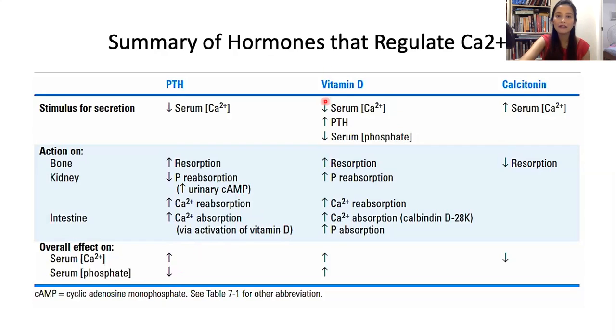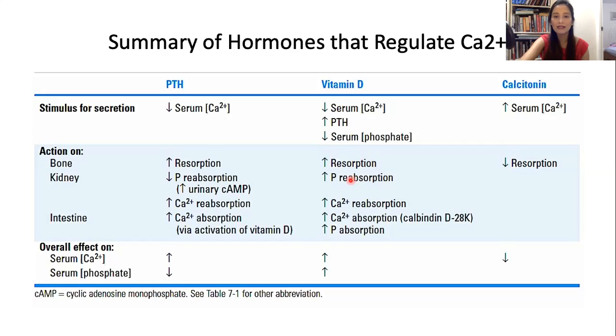On the other hand, your vitamin D, what triggers it is a low serum calcium level, an increase in PTH, no? And a low serum phosphate. So what does it do in the bone? It increases resorption of your calcium and phosphate in order to mineralize new bone from old bone.